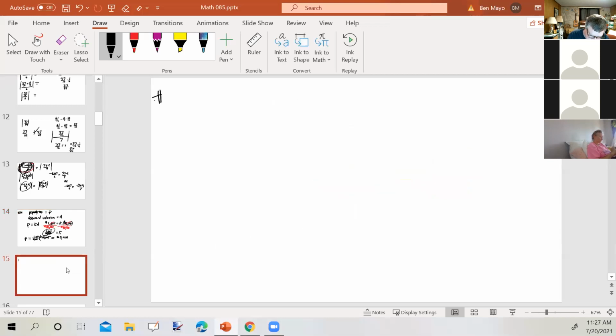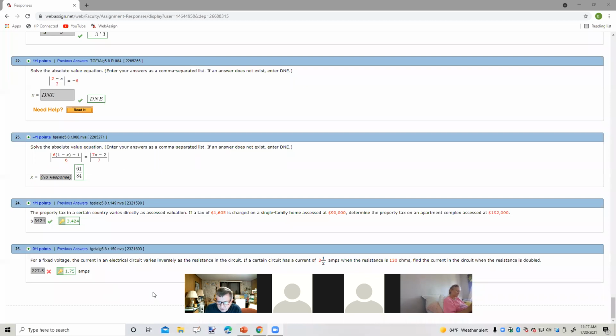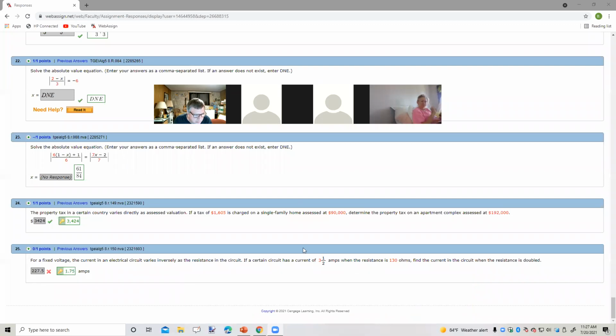Okay, so number 25. Let's go back to the WebAssign screen. And let's see, I got to move that so that I can see the problem. For a fixed voltage, the current in an electric circuit varies inversely as the resistance in the current. Okay. So voltage is fixed.